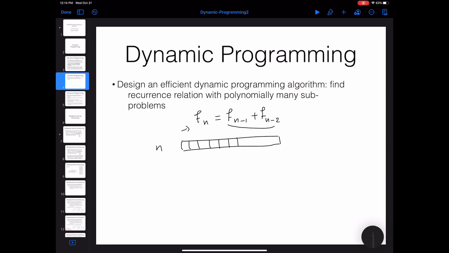We have seen some other examples like matrix multiplication, where the number of subproblems was n(n-1)/2. So basically we could save these in a table.